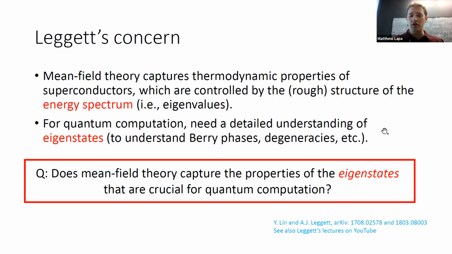But for quantum computation, you actually need a detailed understanding of the eigenstates, for example, to understand Berry phases. In topological quantum computation, the gates that you perform on your qubit are usually equal to the non-abelian Berry phase for some adiabatic process that you're doing on the system. So you need to be sure that you understand the eigenstates well enough to compute that properly.